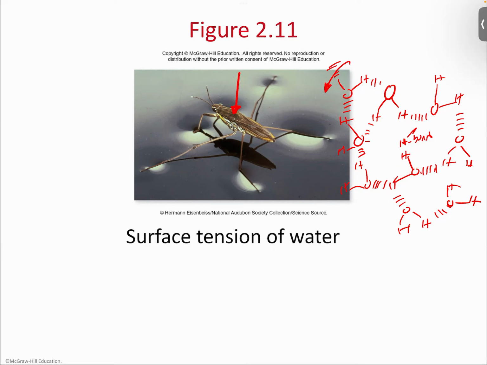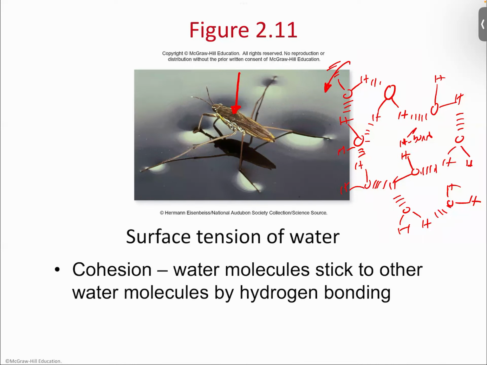Now, if we tried this trick, we'd sink like a rock, right? Why? Because we've got more mass than the water strider, which means more downward force, which does overcome the cohesive forces of water, and so we sink. Okay. And so ultimately your surface tension is intimately bundled into this concept of cohesion.